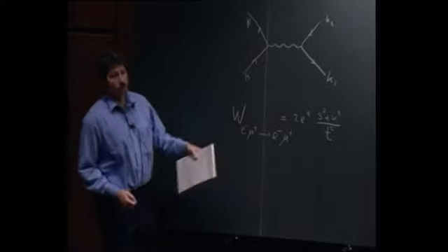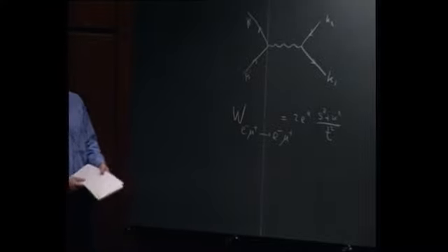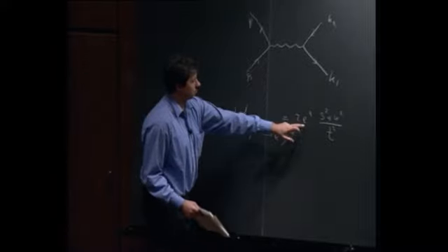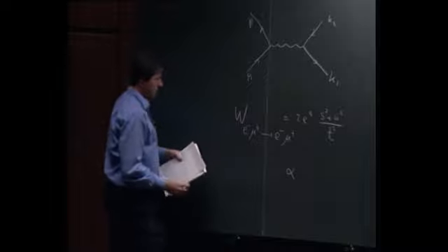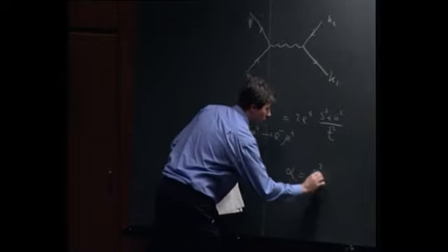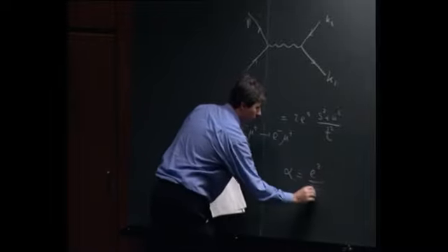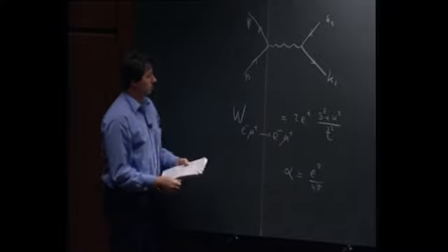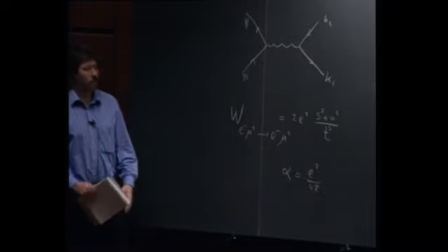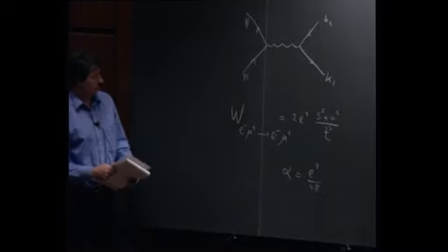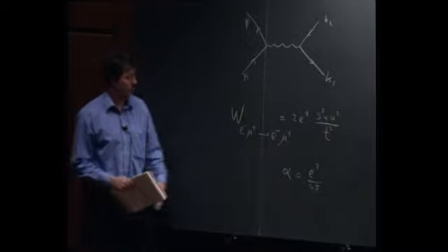It's more convenient, or conventional, to introduce this parameter alpha, which is e squared divided by 4 pi, usually called the fine structure constant, and has this famous value 1 over 137.